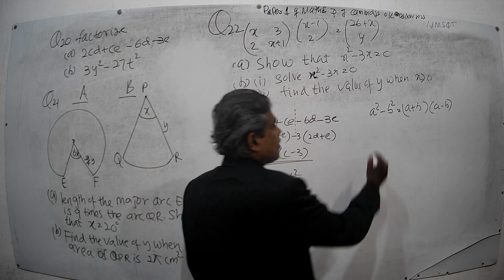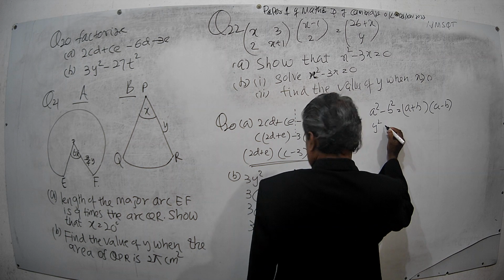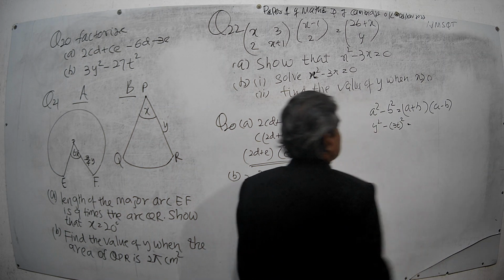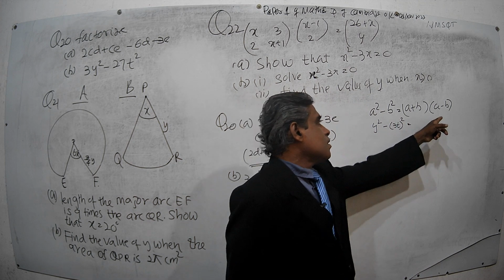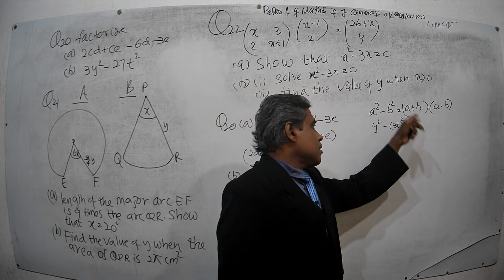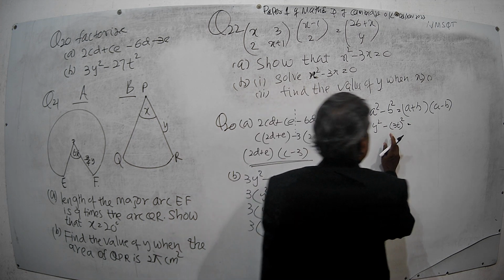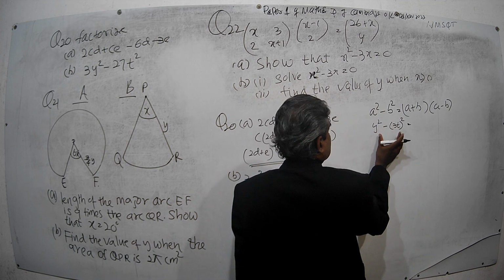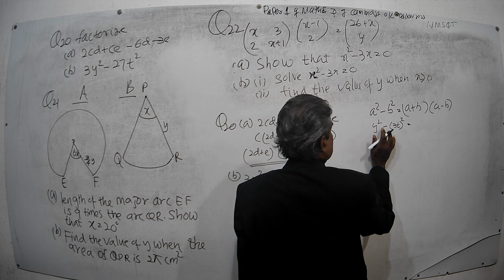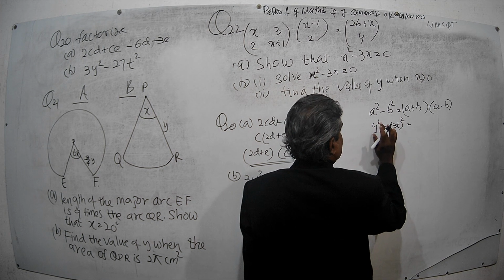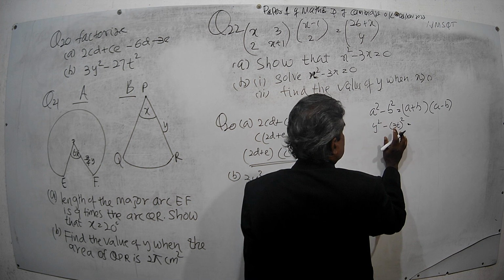We can write y squared minus 3t squared. Then following the same factorization rule, we can factorize this. This is also a difference of 2 squares: y squared minus 3t, the whole thing squared. Instead of a here it is y, instead of b here it is 3t.